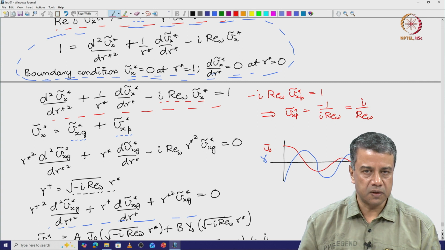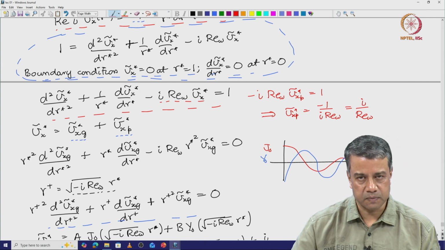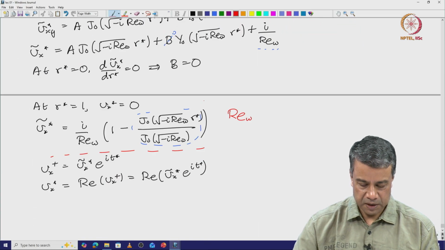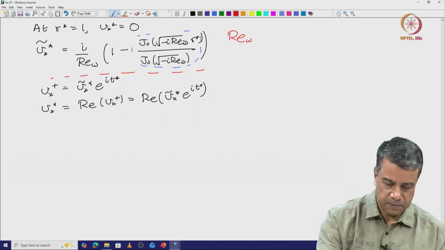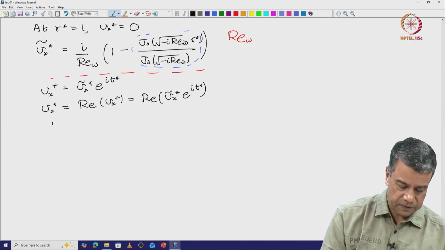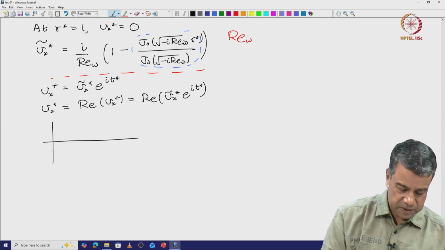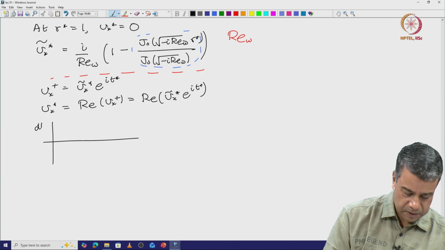The velocity at the wall is 0, at the axis the derivative of the velocity is 0. Therefore, the velocity field depends only upon this one parameter, and then we can plot the velocity field for different times along the sinusoidal variation of the pressure, dp by dx.